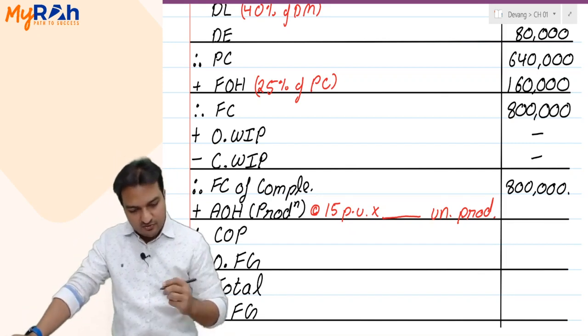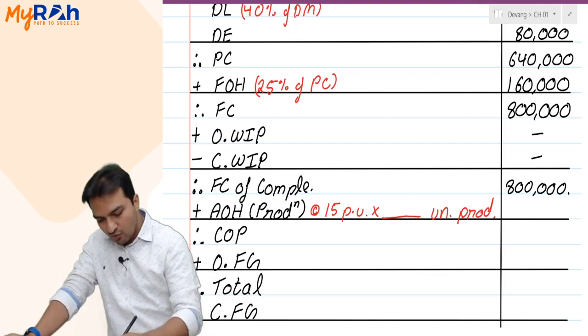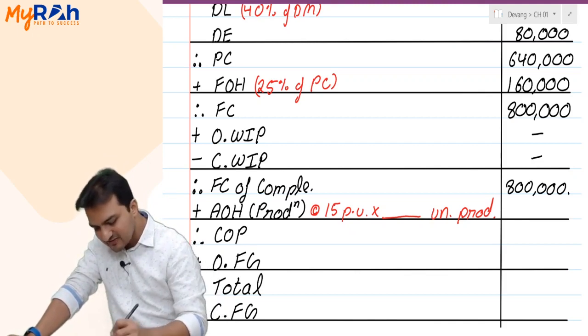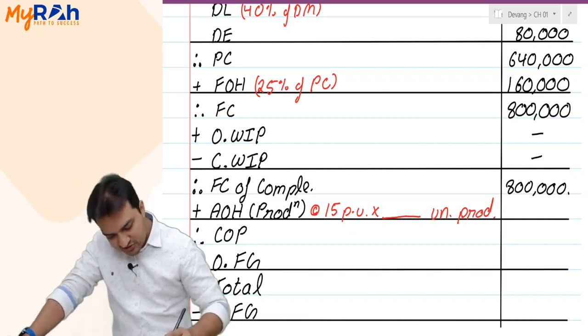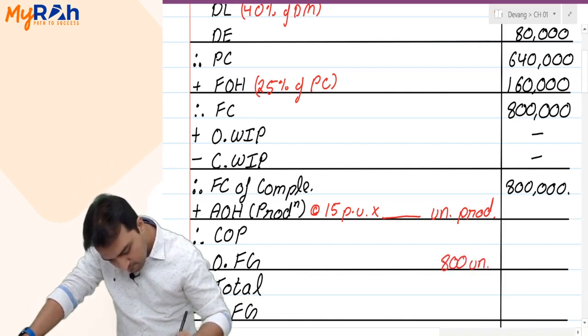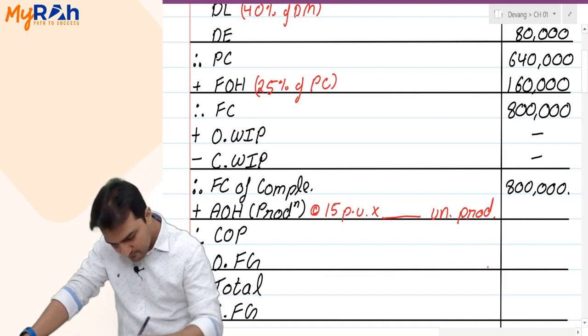You need production units here. Well, which other units are you already given? Dekho. You're already given opening FG units. Opening finished goods you are given as 800 units. I'll write the units in this inner column here.